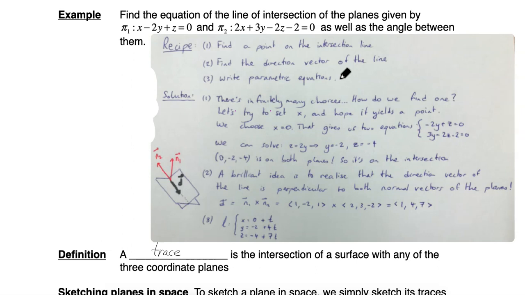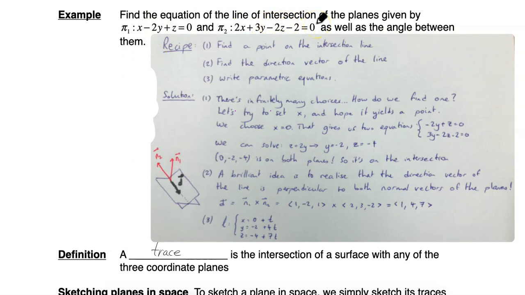There are actually many ways you can do that, and I think just playing with these two equations until you figure out a point that is on both planes is a fine way. The way I chose to do it here is that I just set x to be 0. So it suddenly changes this to 2y plus z equals 0, and then 3y minus 2z minus 2 equals 0.